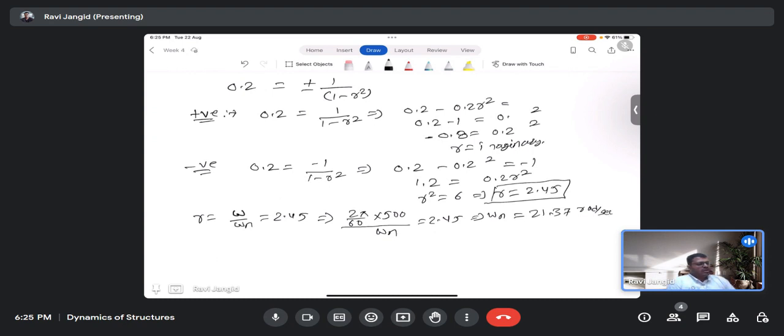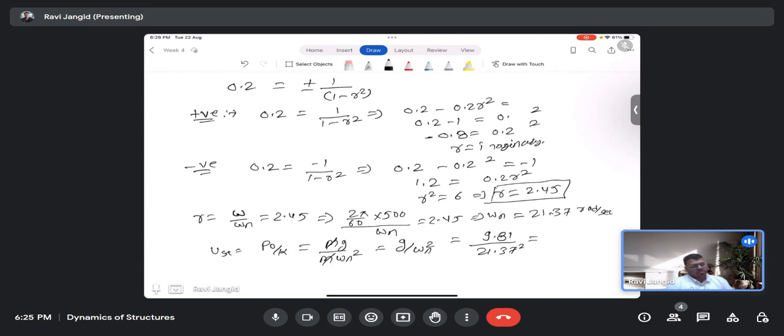Now I need to find the static deflection. Static deflection u_st is equal to P naught by K. P naught is mg, and K is m omega n square. M will cancel out, so that would be g divided by omega n square. So g is 9.81, omega n is 21.37 square.